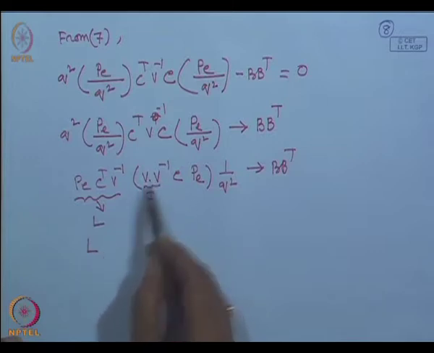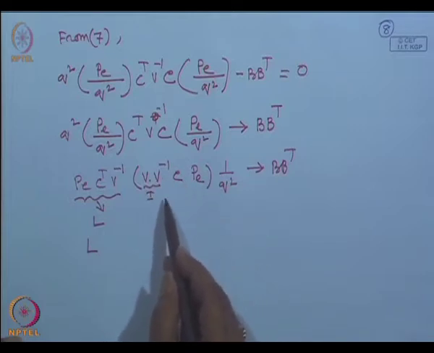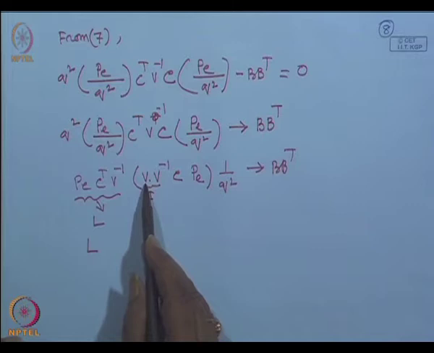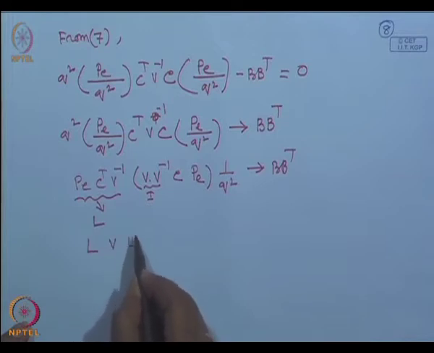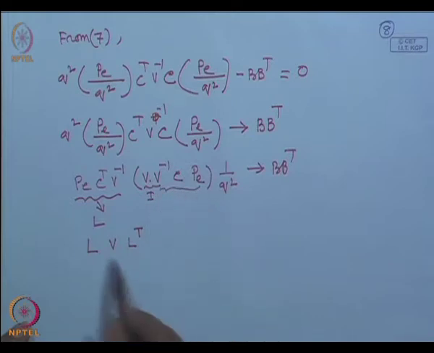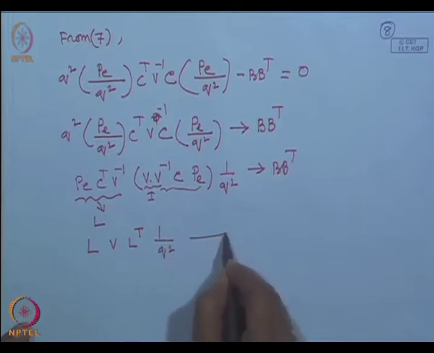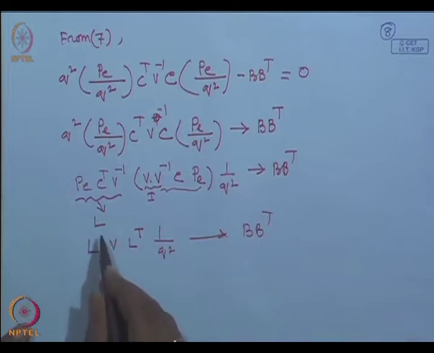This will be L transpose, and this is V. So I can write L V L transpose, and 1 by q square tends to B transpose. Then V is the measurement noise covariance matrix.